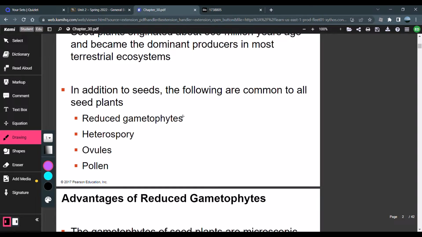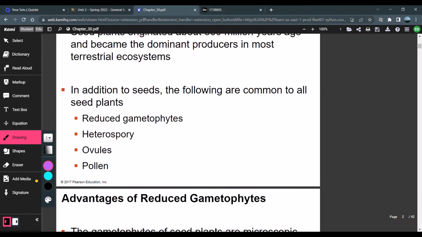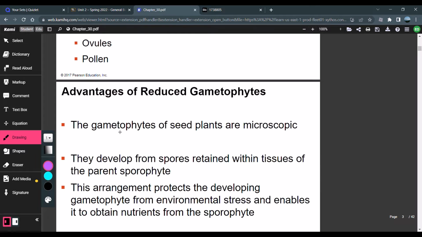Heterospory, which means that the sporophytes make both microspores and megaspores. They also have ovules and pollen. Pollen is what fertilizes the egg. We'll be going over that in the angiosperm life cycle. And ovules are found in both gymnosperms and angiosperms.